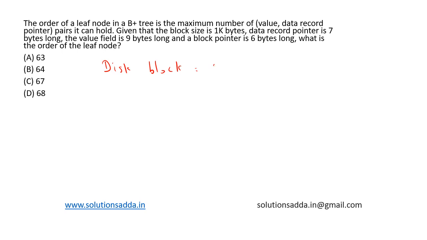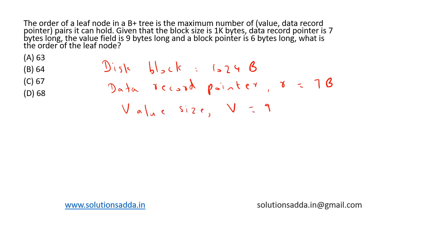disk block is 1024 bytes. Data record pointer, denoted by R, is 7 bytes. The value size V equal to 9 bytes.